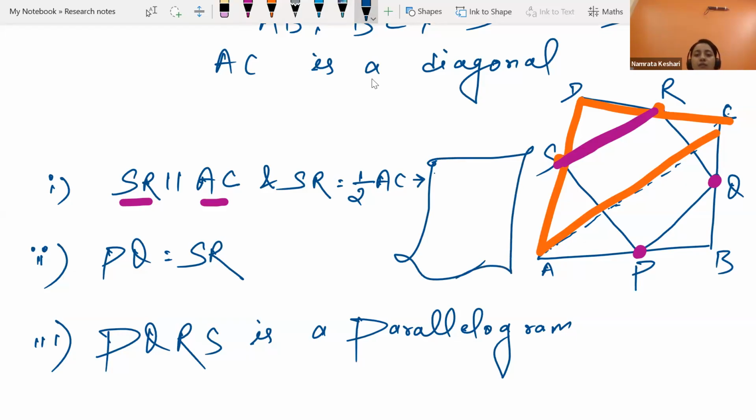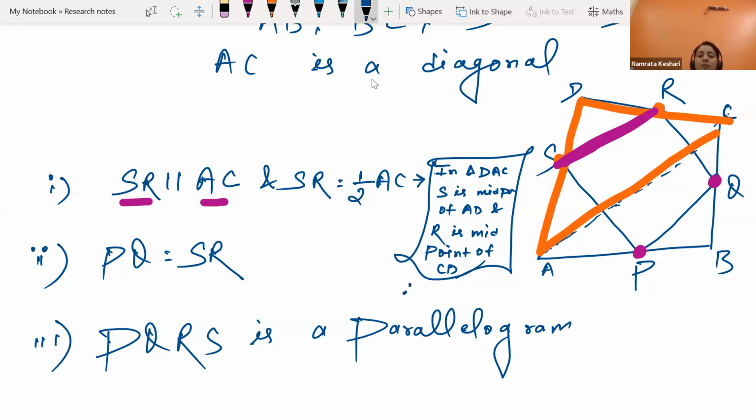Okay. In triangle DAC, S is midpoint of AD and R is midpoint of CD.